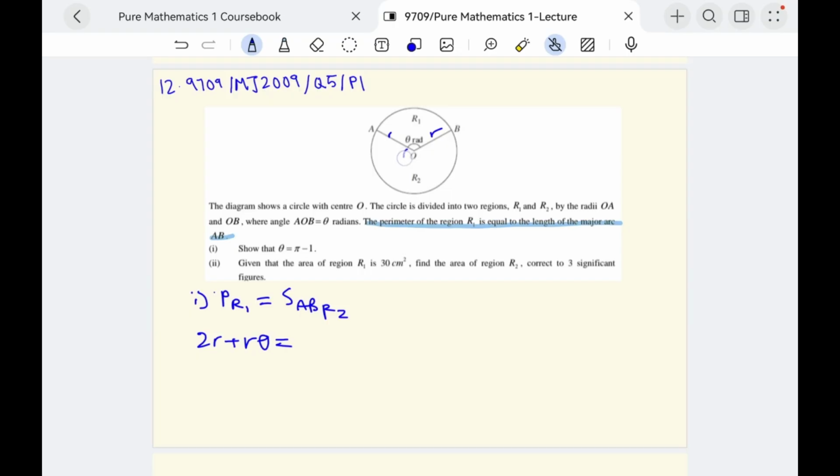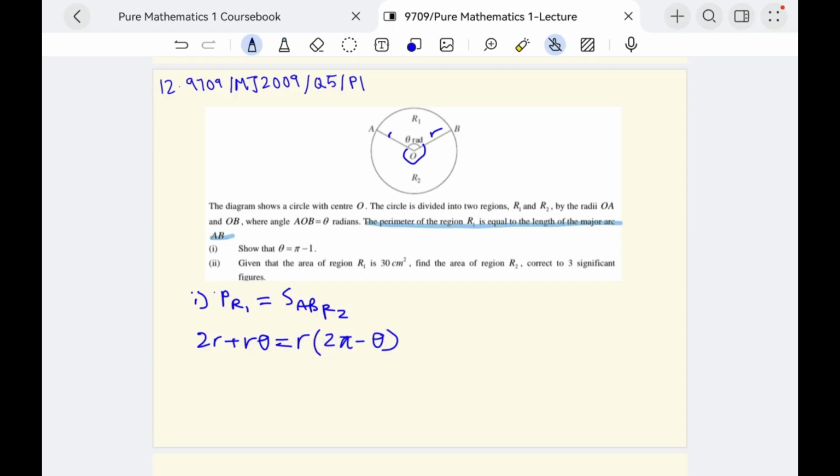So how to get the major angle subtended from A to B, which is 2 pi minus theta, because the angle of a full circle is 360 degrees, which is 2 pi. So you have r times 2 pi minus theta.